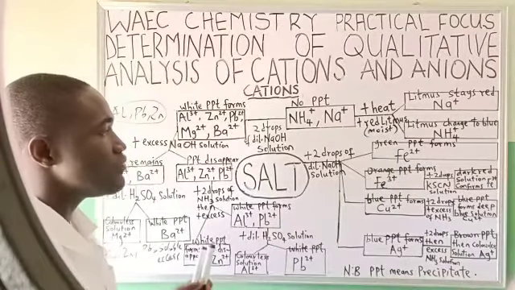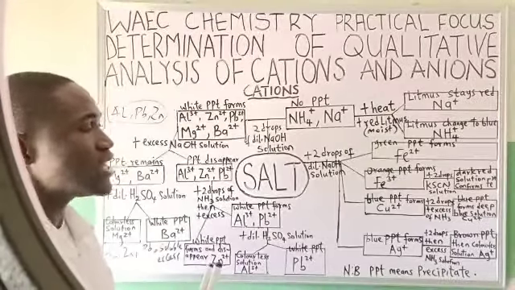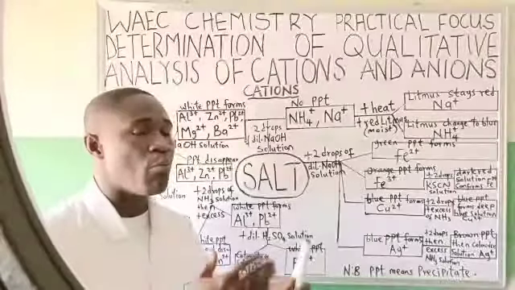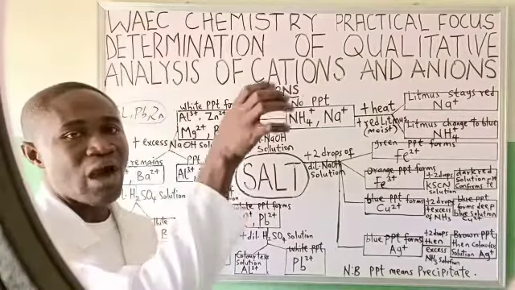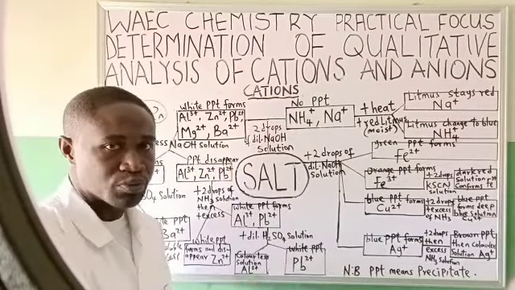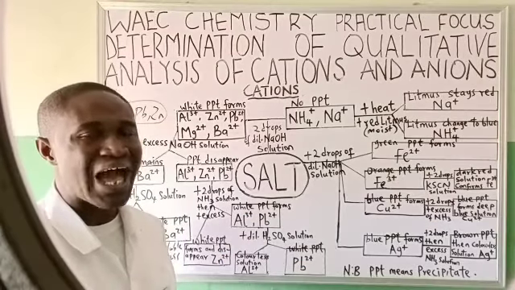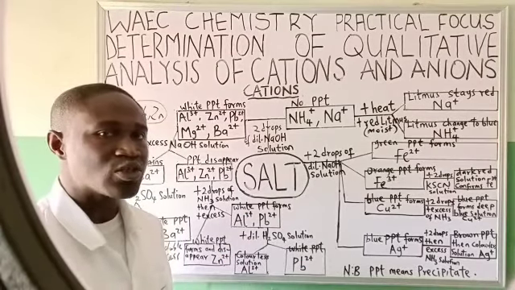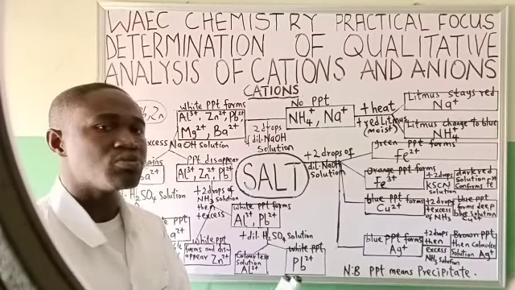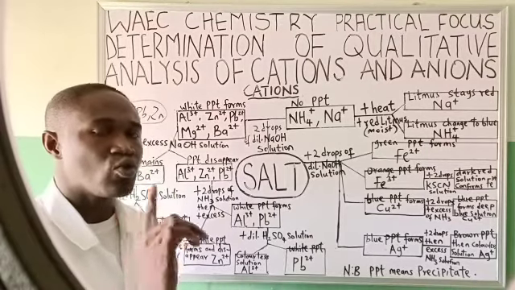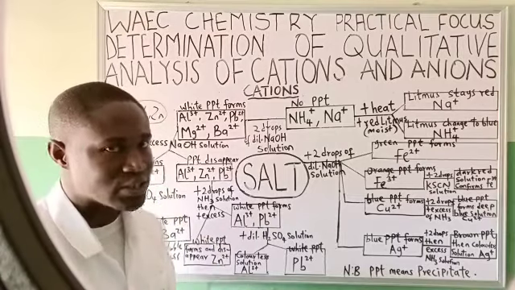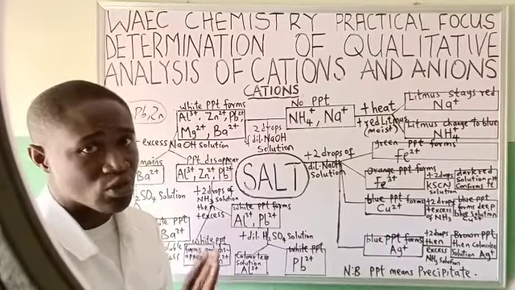When you come to university level, you will see that all these cations and more of them have their groups: Group 1, Group 2, Group 3, Group 4, Group 5, Group 6. Group 6 cations, where potassium and sodium belong, do not have a precipitating reagent, because they are very soluble.